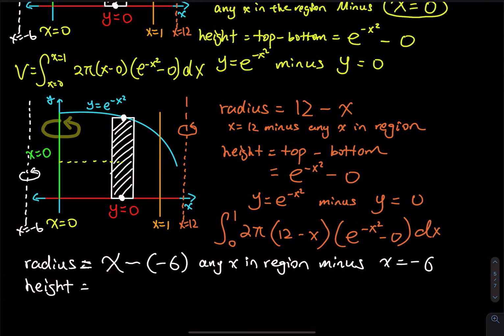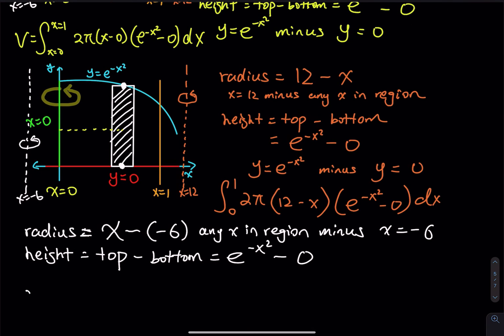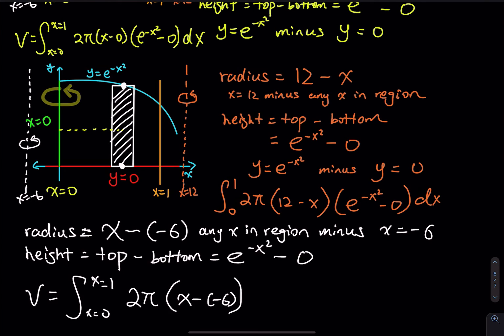The height will be top minus bottom, that is e to the negative x squared minus 0. No change. So that will be the volume. x goes from 0 to 1, and then we have 2 pi times the radius, x minus negative 6. Do not simplify that, and then you multiply by the height, e to the negative x squared minus 0, and this is dx. All right, so that answers all kinds of what if questions in this shell method problem.